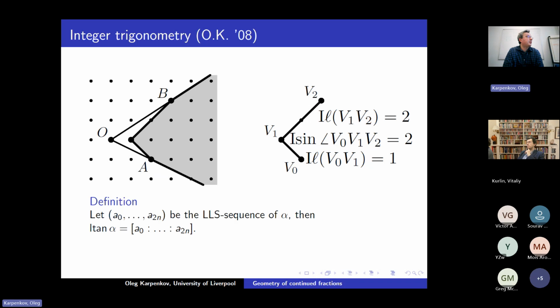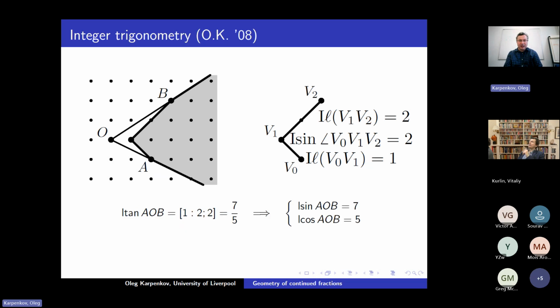Alternatively, you can build this LLS sequence using lengths and signs, and then write down the continued fraction, 1 plus 1/2 plus 1/2. In this case, that would be your integer tangent. So in our case, integer tangent is 7/5.